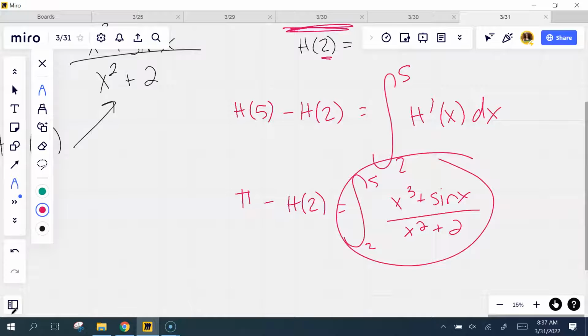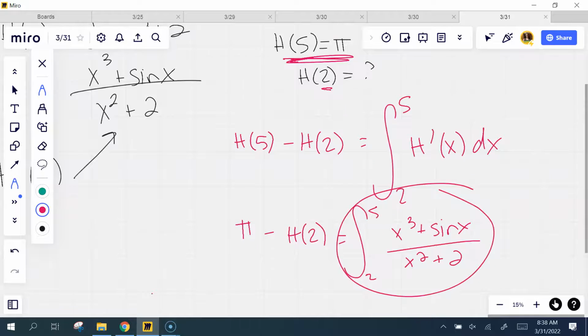Let h of x be an antiderivative. So the function h of x is the regular function. We don't know h of x, that's what we're trying to find, we're finding h of 2, but we don't know h of x. No, I know, in general, it would be the regular function. H of x would be the integral of the function that we were given.